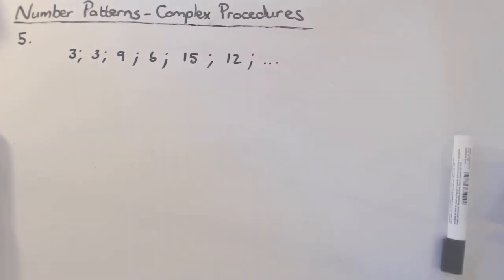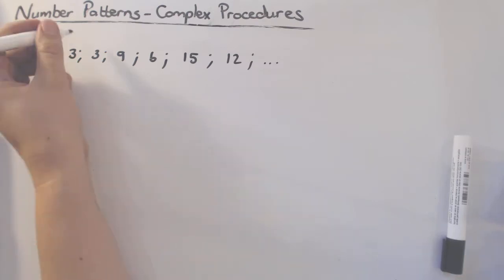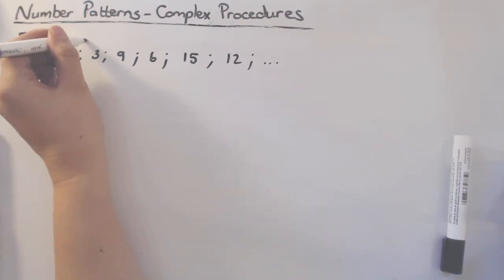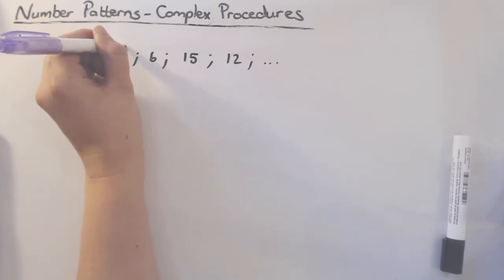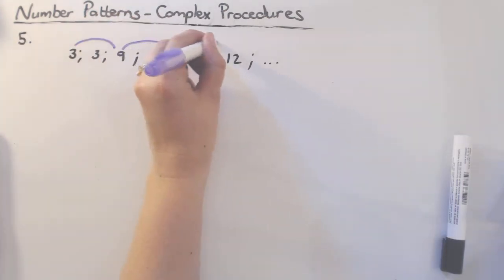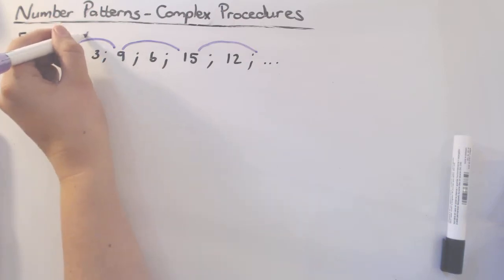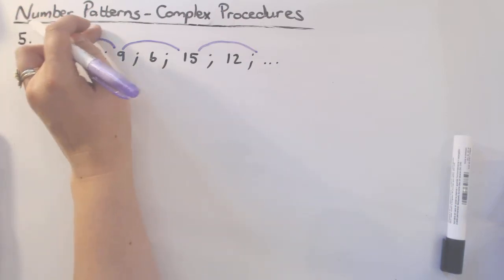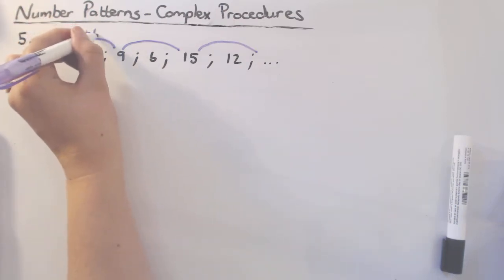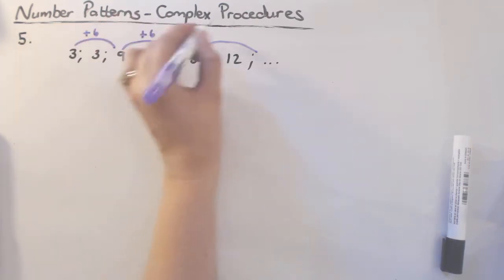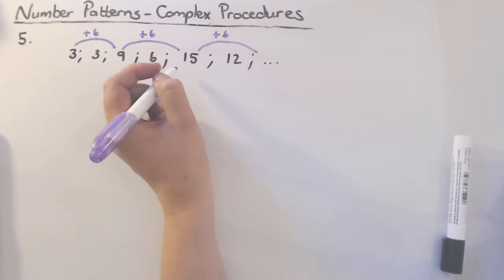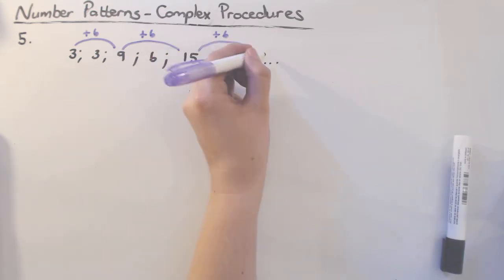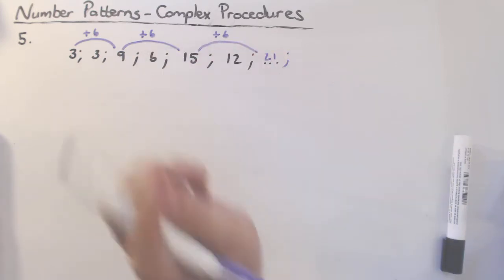Now, if you pause the video, hopefully you saw that there I go. If I go from 3 to 9, 9 to 15, 15 to, I go times, no, not times 3, plus 6, plus 6. So there I will go plus 6 and 15 plus 6 should give me 21.